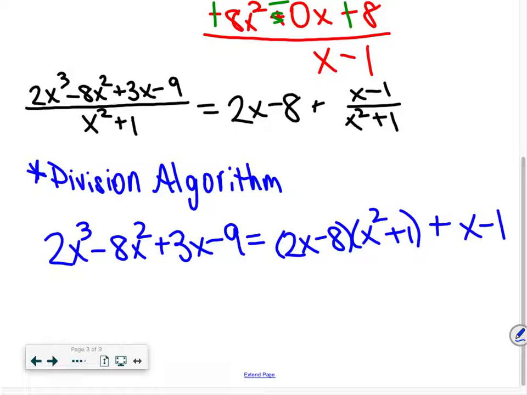If we multiply both sides by the divisor, it cancels out those divisors in the denominator, but then it also gets multiplied to that quotient. All it is, is rewriting.